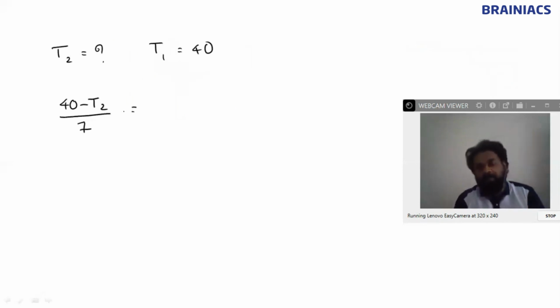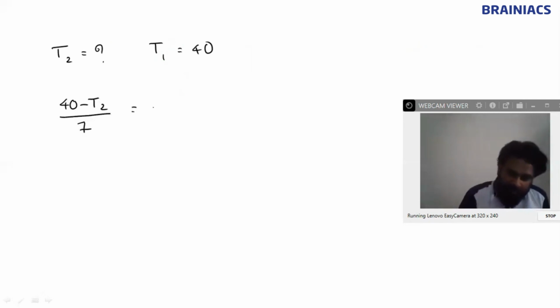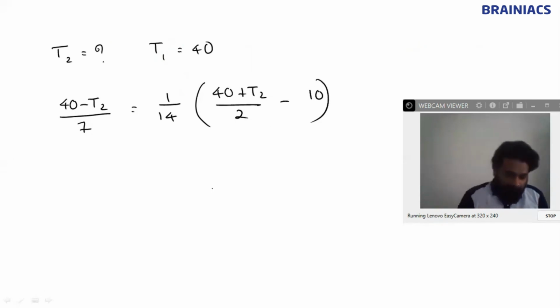In the next 7 minutes, what will be the temperature of the body? This is what they are asking. That constant we found, 1 by 14, into 40 plus T2 divided by 2 minus surrounding temperature 10.